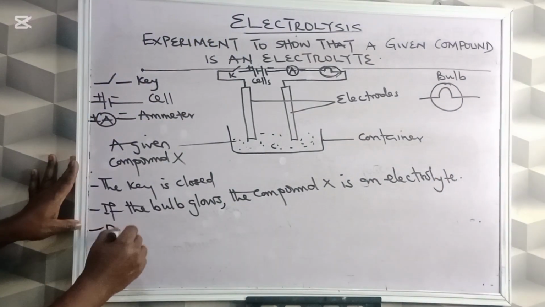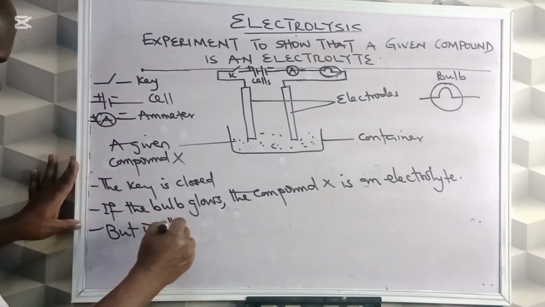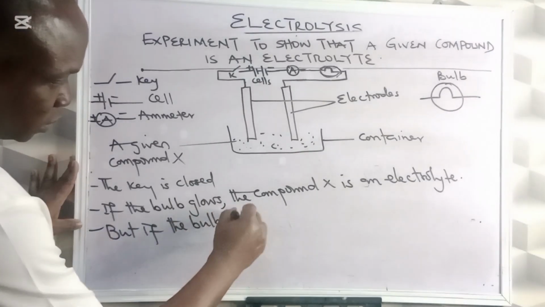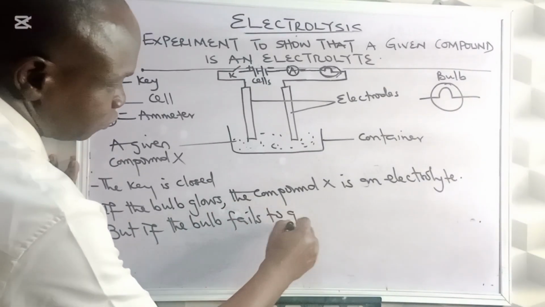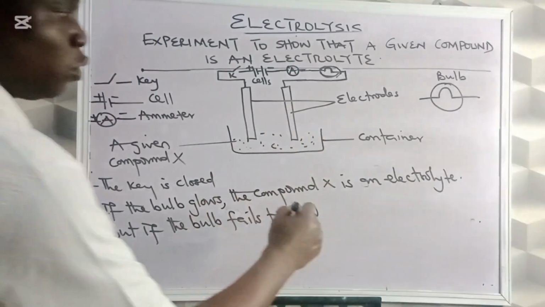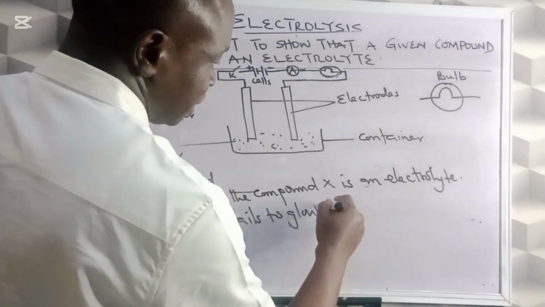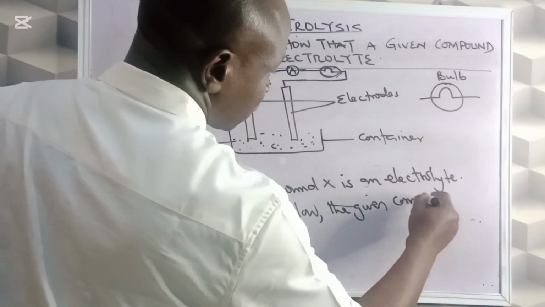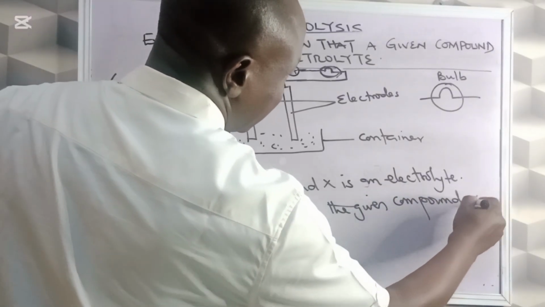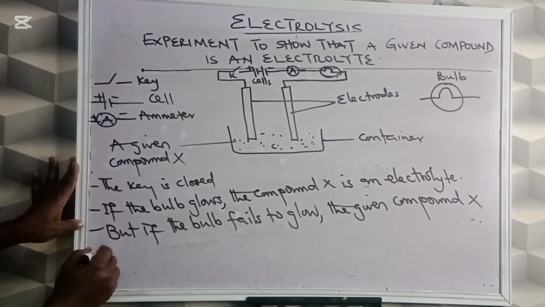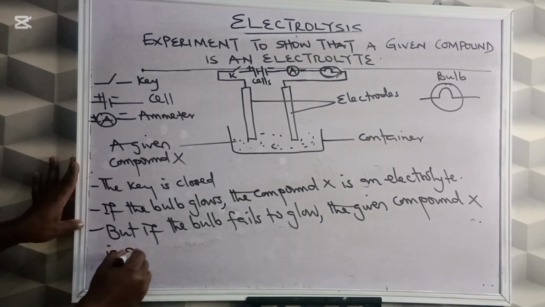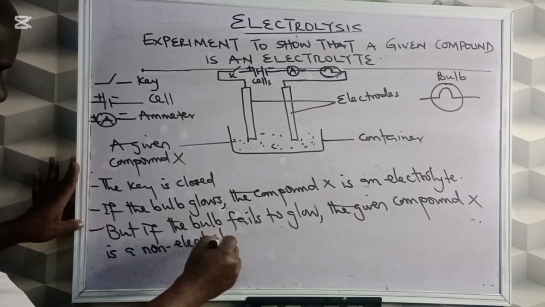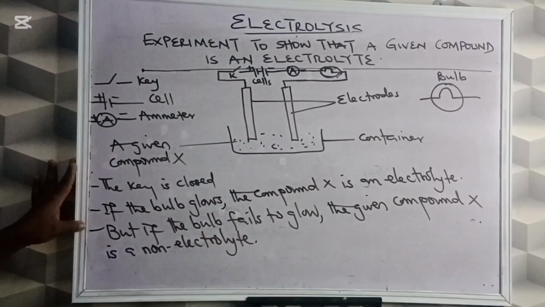But if the bulb fails to glow, the given compound X is not an electrolyte; it is a non-electrolyte, meaning it will not conduct.